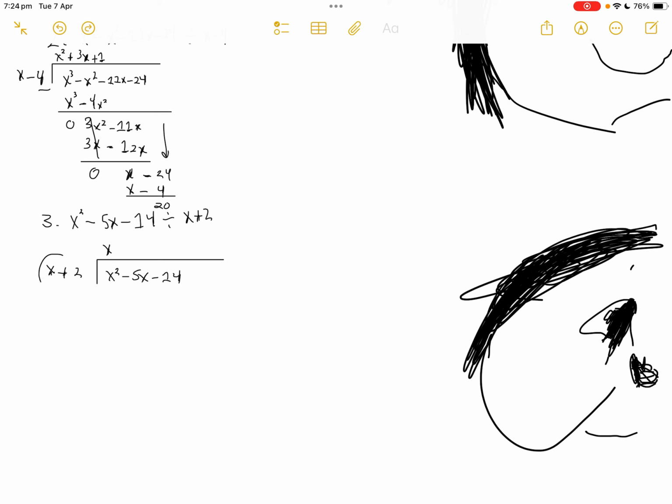So when you multiply this guy by x, this is going to be x squared minus 2x. The 2x terms cancel out, and this is going to be negative 3x. Drop this guy down here.